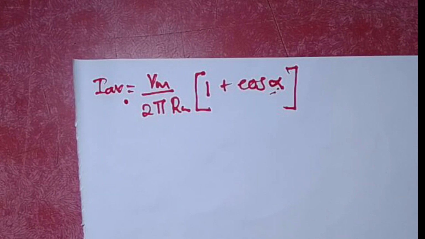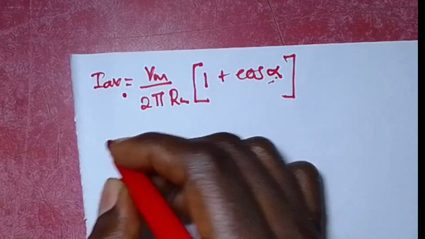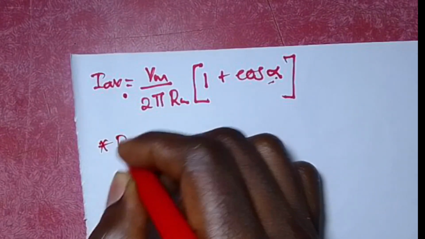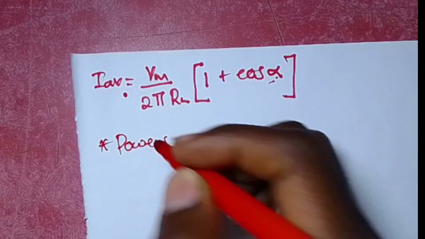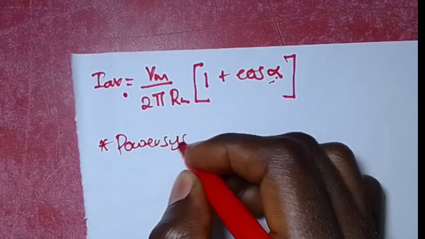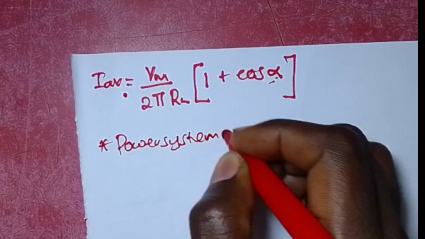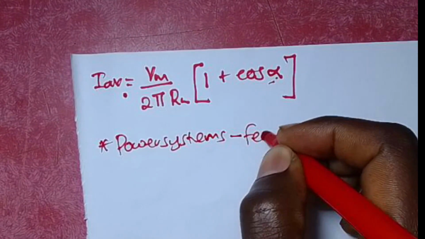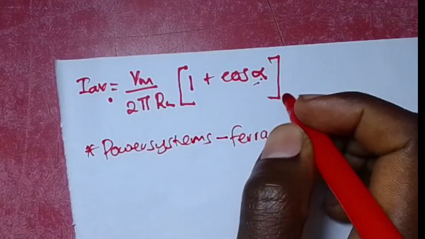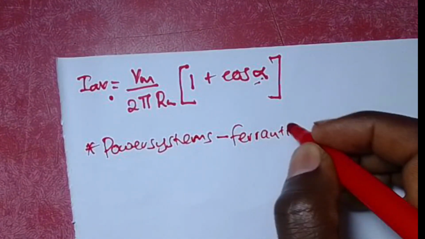Most of the things that we are going to cover are what we expect to be set, because this gentleman of power systems has told us that for him he will set Ferranti effect.